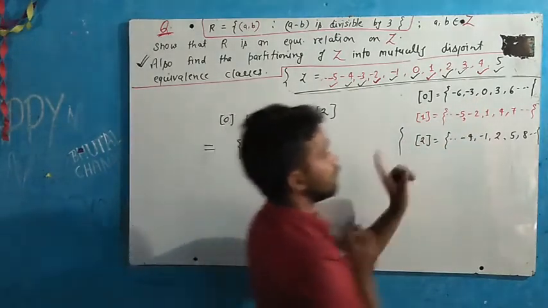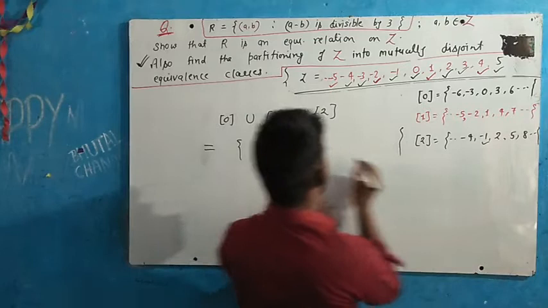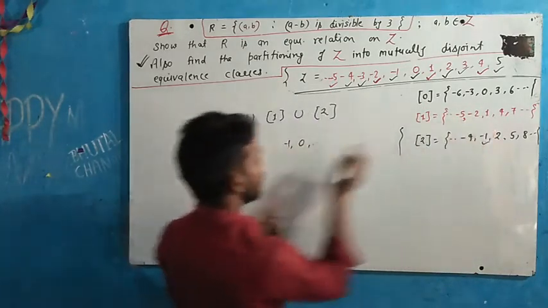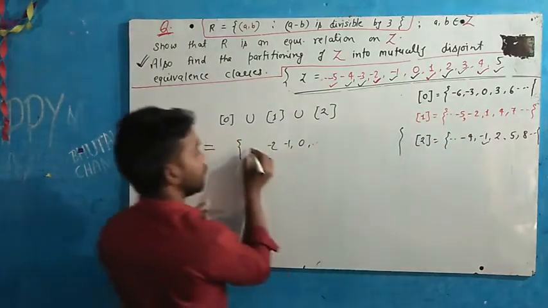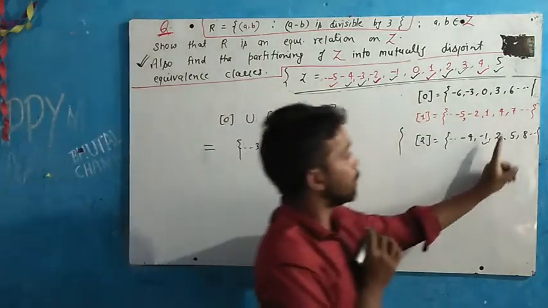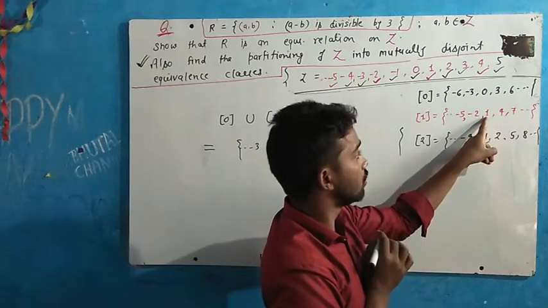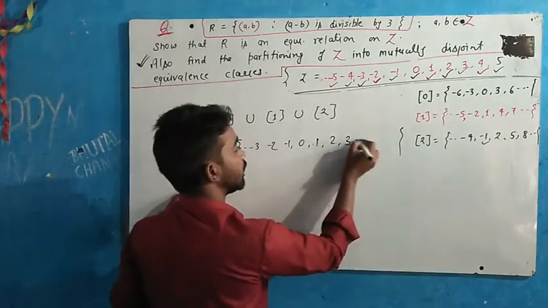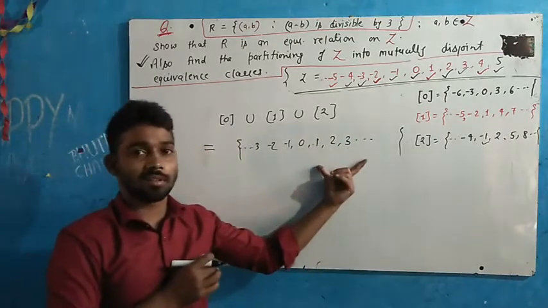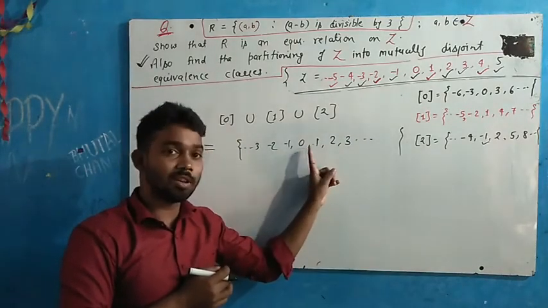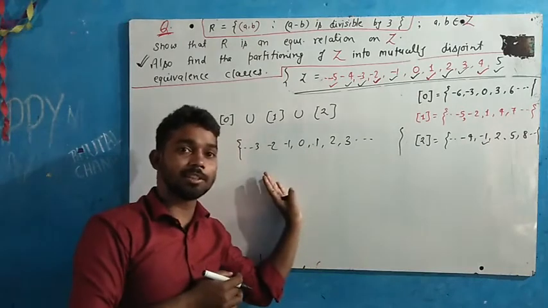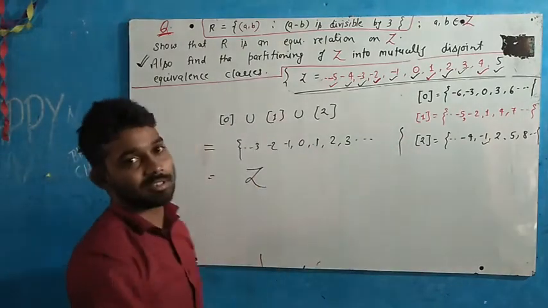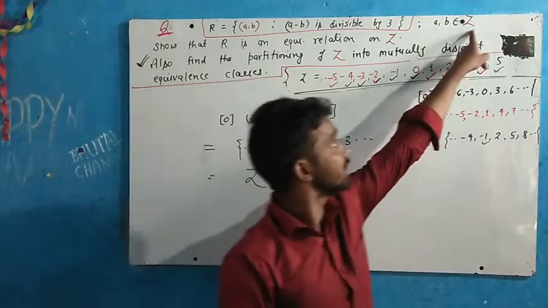Similarly -1 is here, -2 is here, -3, dot dot dot. Now +1 here, +2 here, +3 here. It means 1, 2, 3, dot dot dot. What is this? 0, positive numbers, and on this side negative numbers. Actually this is the set of integers, and this is Z.